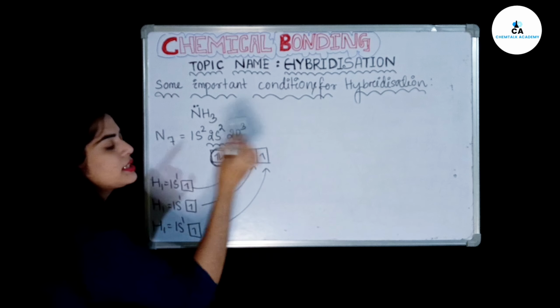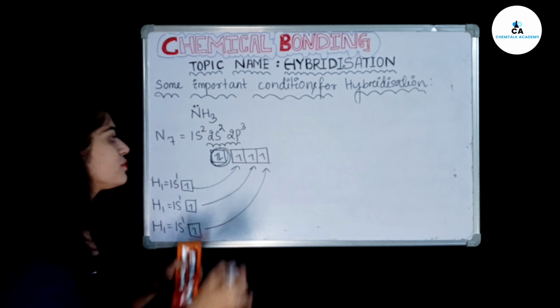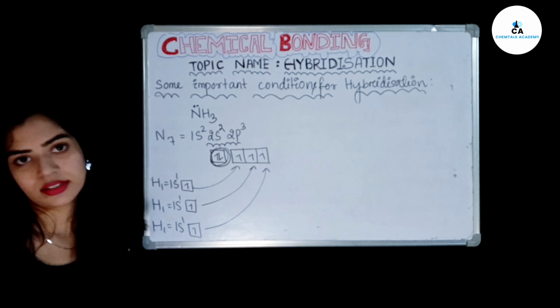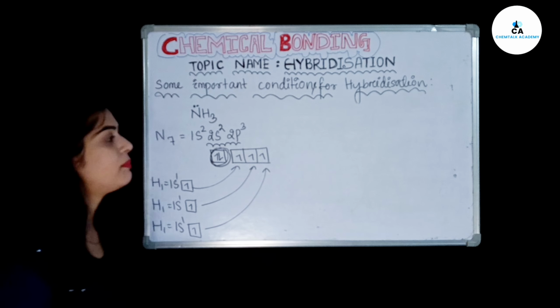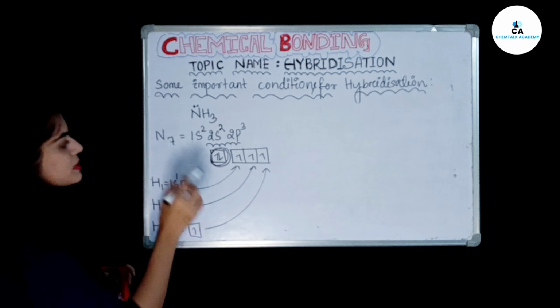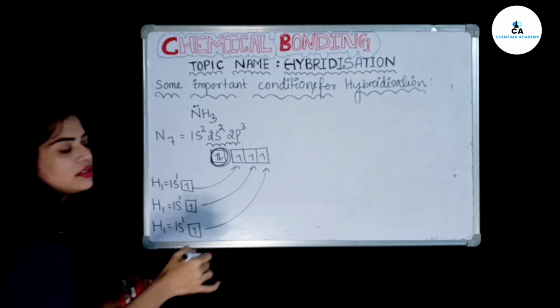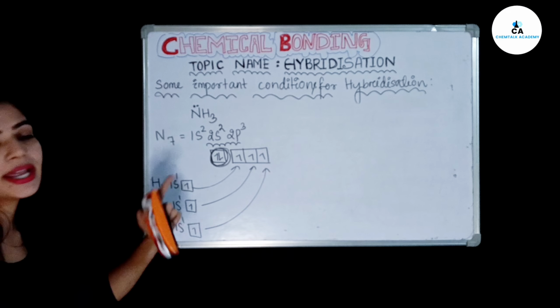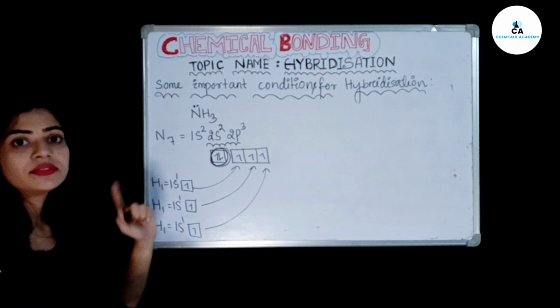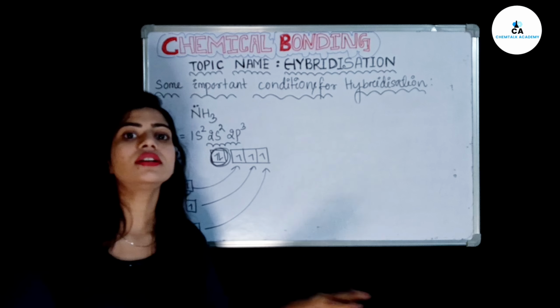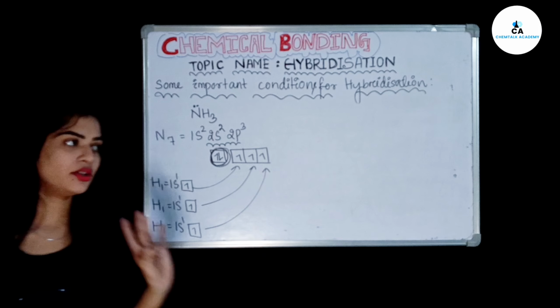This electron is not promoted from s to p or to a higher atomic energy level. Clear? So sometimes the extra electrons remain or act as a lone pair of electrons. Clear? So the third condition was that promotion of electron is not necessary prior to hybridization.